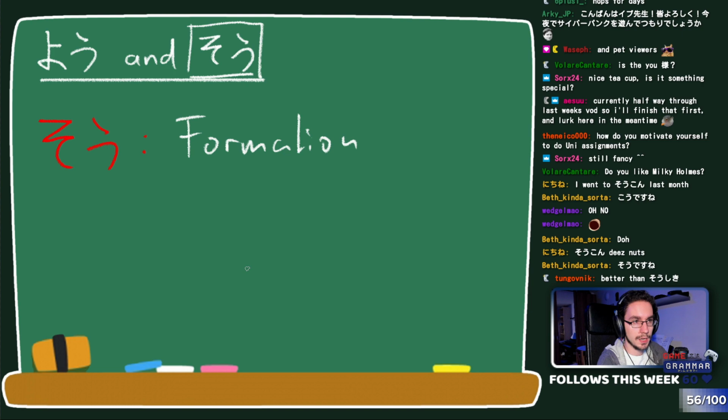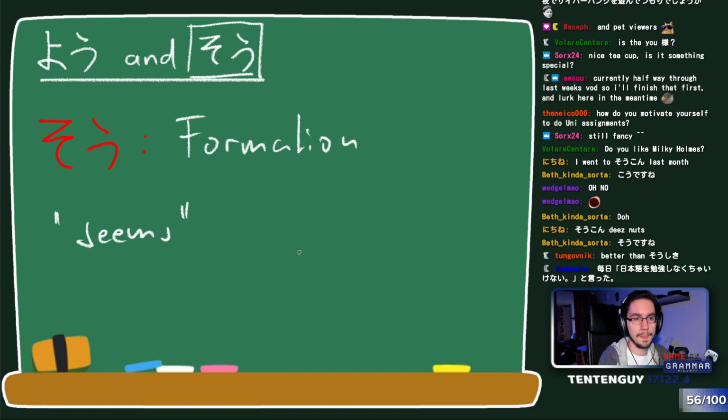To express that something seems a certain way, you will generally attach so to the masu stem or the renyoukei of verbs. You will attach it to the stem of adjectives as well, and for non-adjectives and nouns, you just attach it directly without anything. So let's talk about these three, right?